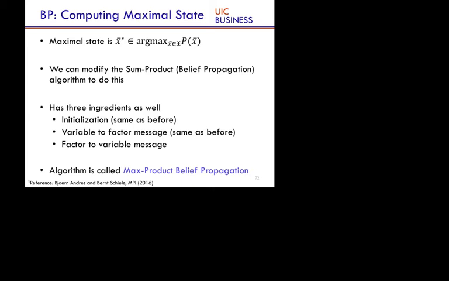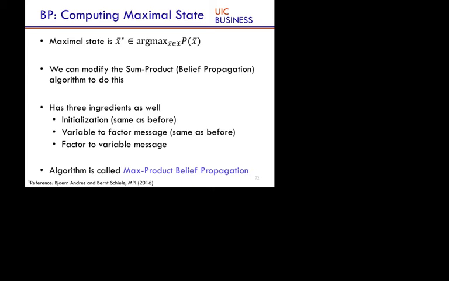Because I assign a number for all configurations or realizations of my set of random variables, I want to find that configuration which has the highest value. Now you can always look up for each configuration what the number is and figure out which one is the maximum, but that's very, very inefficient. So again, we can modify the sum product algorithm, or the belief propagation algorithm that we saw before, to figure out what is the maximum.